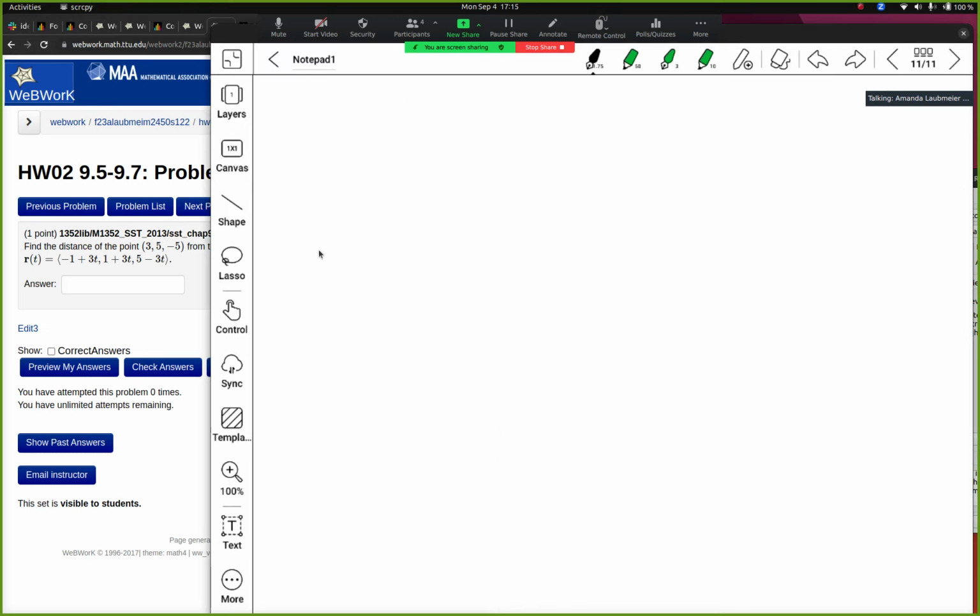So this is asking us to find the distance of a point to a line. I would go back through my notes, and what can be confusing on this one is that there were two different distance formulas we learned, between a point and a plane and between a point and a line. And so we're looking for the second one in your notes.